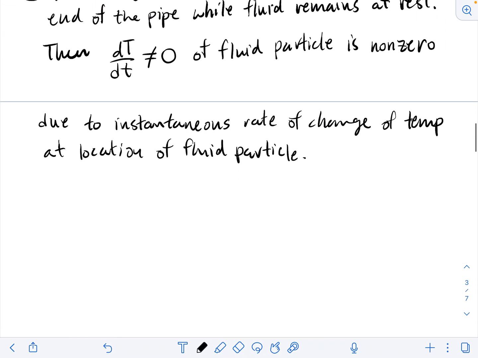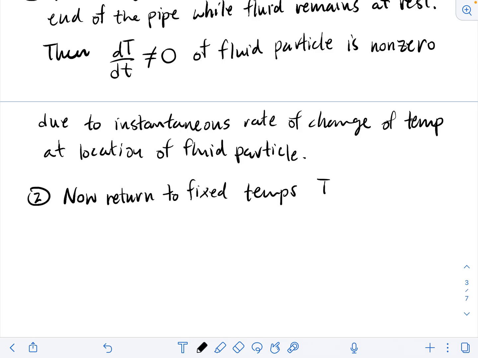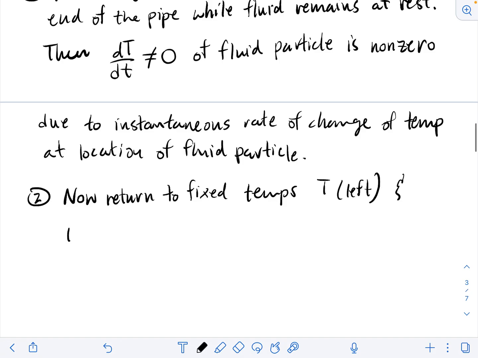Okay, so scenario 2. We now return to fixed temperatures. So that means T at the left end of the pipe is fixed, and T plus delta T at the right end is fixed.